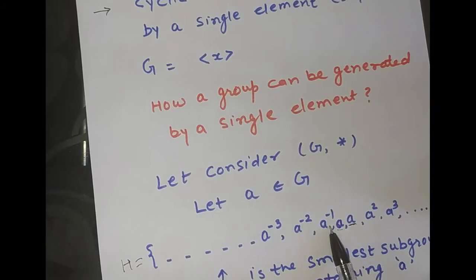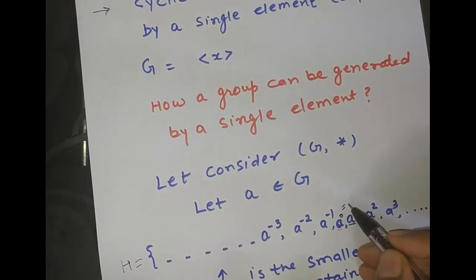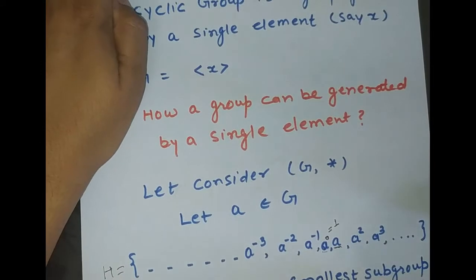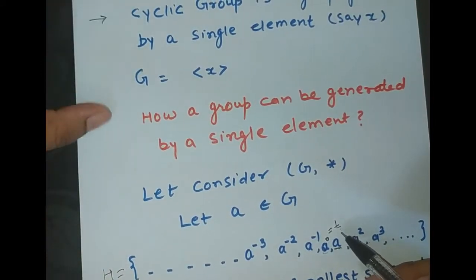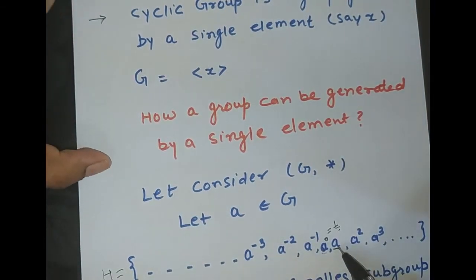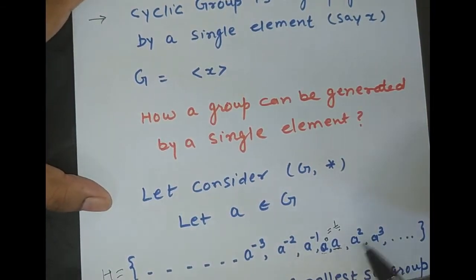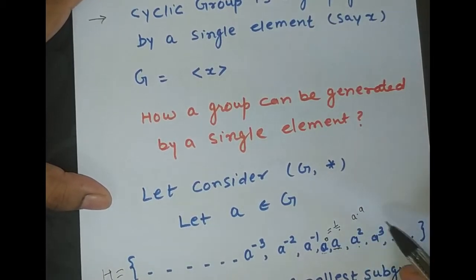If the inverse exists, then the identity also exists. We know that A to the power 0 is equal to 1, and for multiplication, 1 is the identity element. Applying the closure property, A into A becomes A square. Again applying closure, A square becomes A cube.